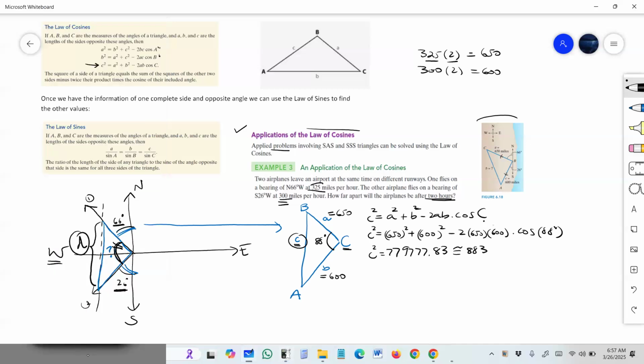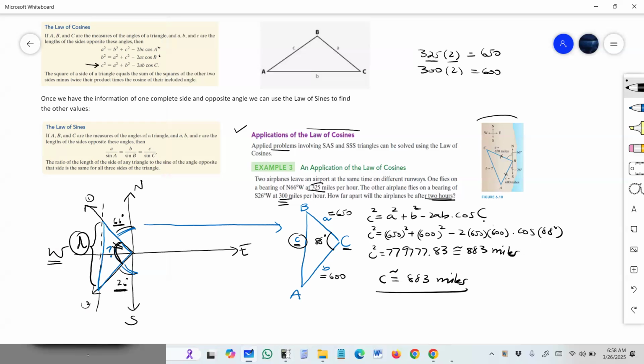And what are the units? C is a distance, so this is in miles. C is approximately 883 miles. The application was even easier than solving the triangle where we have to find all of the sides and all of the angles.